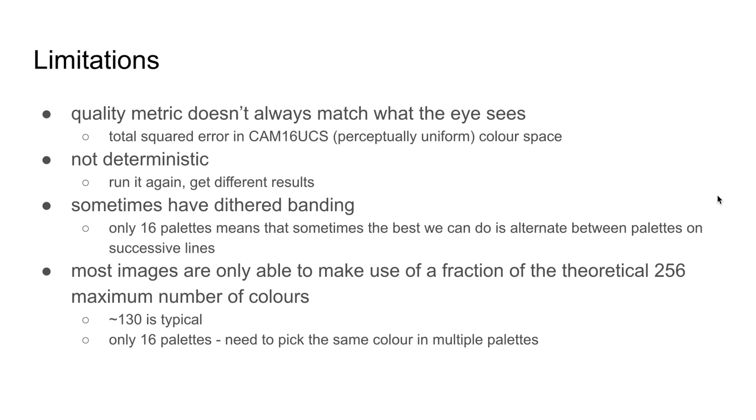Usually you can get about half of that. And that's just because we have this fairly major constraint that we don't have 256 independently choosable colors. We have 16 per line, and then a choice of 16 palettes for each line. And so you'll often need to pick the same color in multiple palettes in order to match the image.